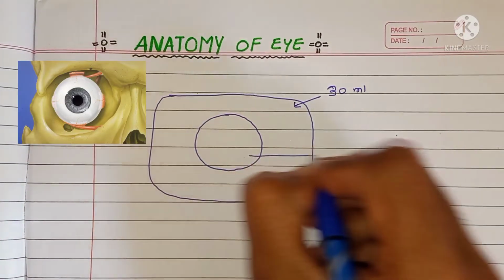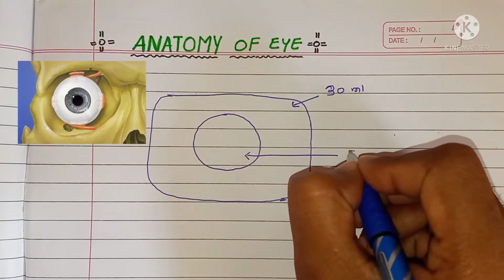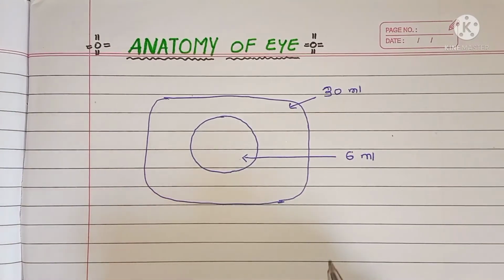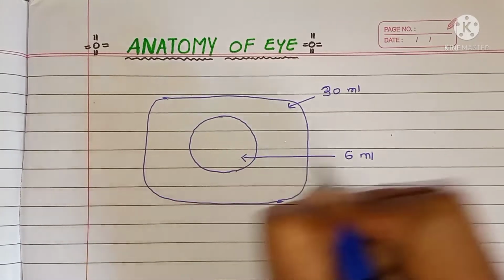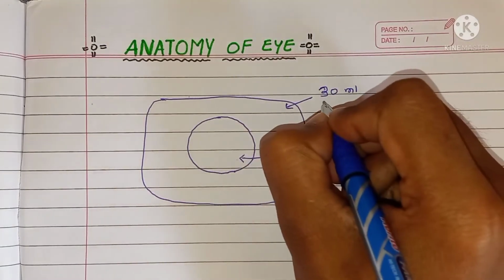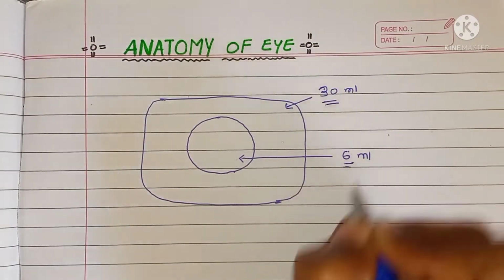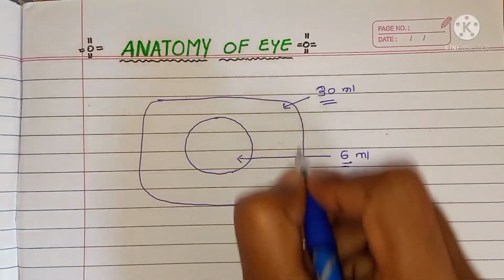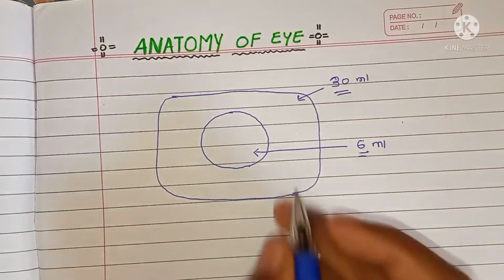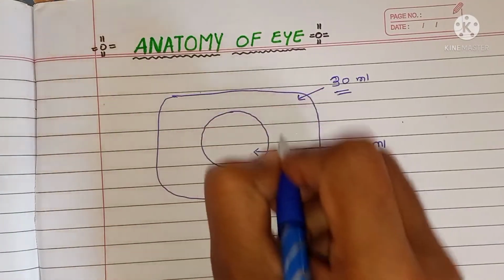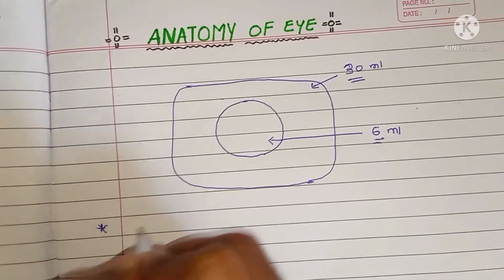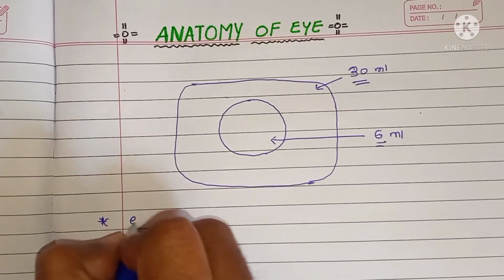The volume of the eyeball is about 6 ml, while the volume of the orbit is 30 ml. So we can say that the volume of the orbit is 5 times greater than the eyeball. So we have to study about this eyeball. This is what our eye is.